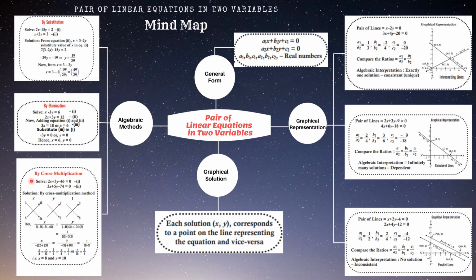In the cross multiplication method, what is used are the coefficients, and the coefficients are cross multiplied, as the name suggests, and we get them in ratios based on the x variable, y variable, and the constant, and then we look to compare the ratios, and finally we will get the values of x and y once we cross multiply.